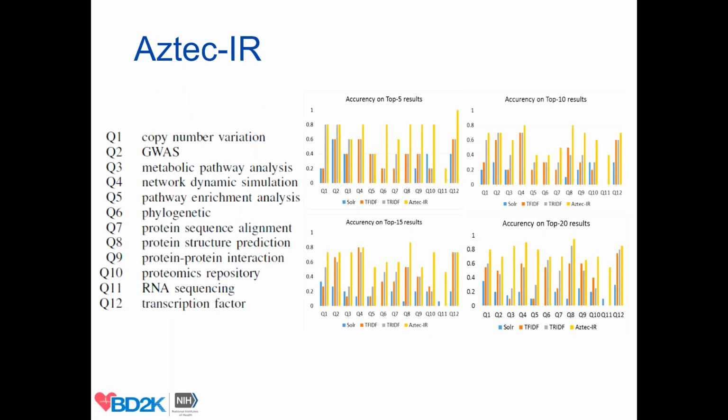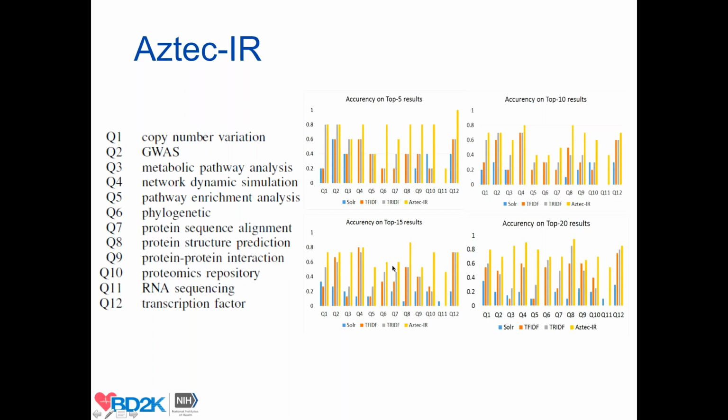Here's the result. We experimented on 12 chosen topics and evaluated the performance of our system, Solr, and 2 internal systems. We can say the performance was improved a lot from the last version of the retrieval system. The yellow histogram is our result. You can see it's much better than the others.